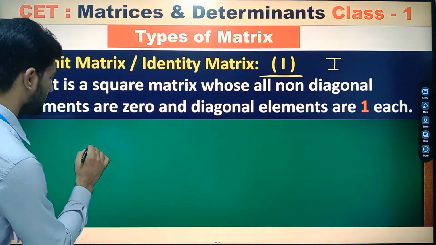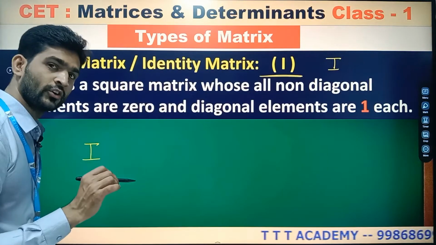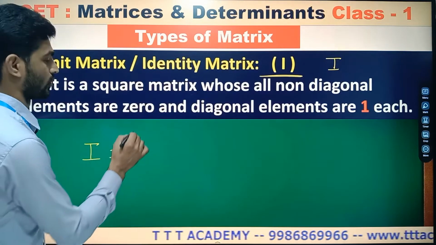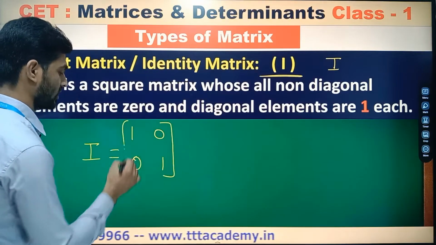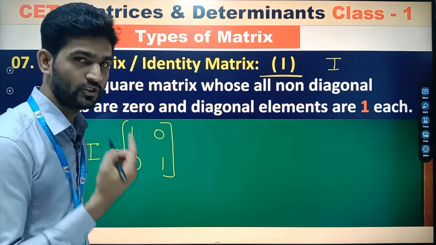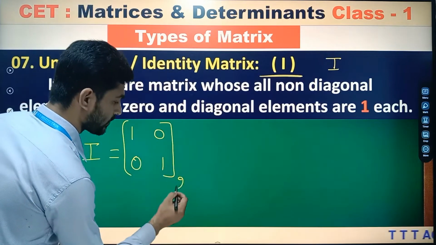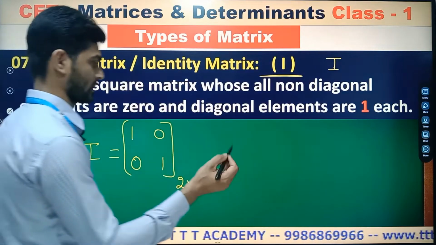Suppose again, this identity matrix or unit matrix is denoted by the letter I. So I equal to 1 0 0 1. Observe here, in which the first principal diagonal elements are 1, 1 only, and other elements are equal to 0. This is the example for a 2 cross 2 identity matrix or unit matrix. One more example.